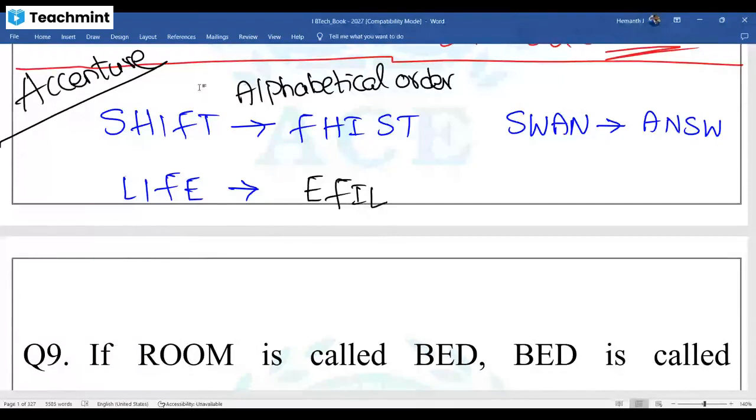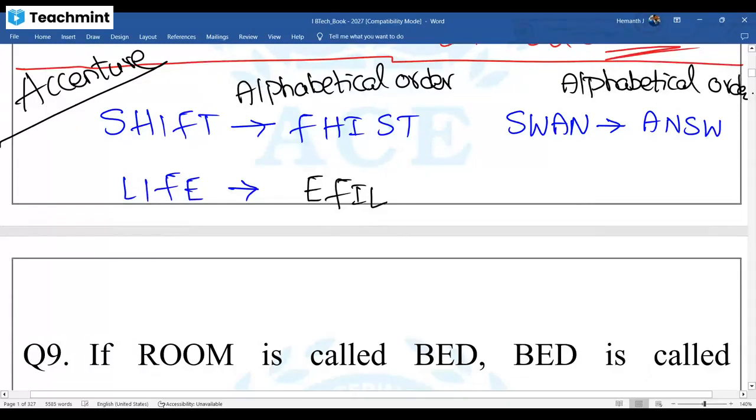That's why you need to solve more and more questions from this topic. Right, so alphabetical order. Whereas Swan, alphabetical order is this. Got the point? Fine, done with this question.